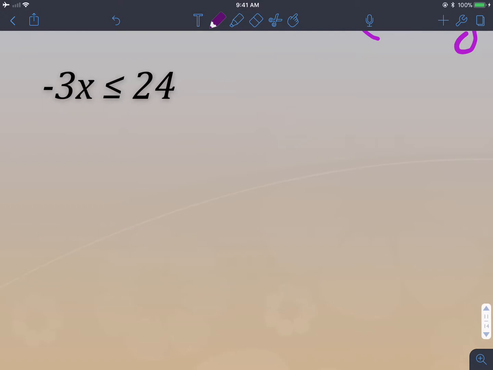Get x by itself. Divide by -3 on both sides.